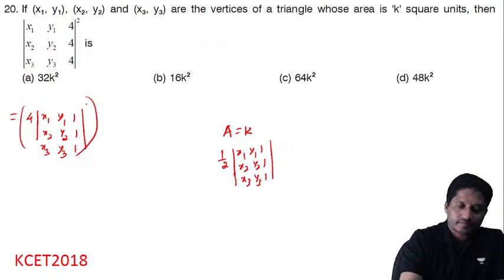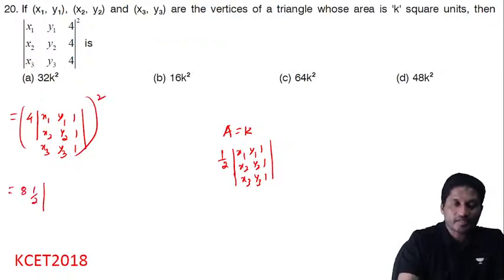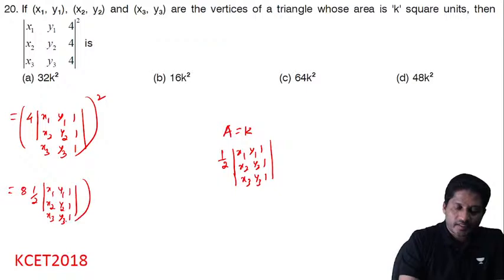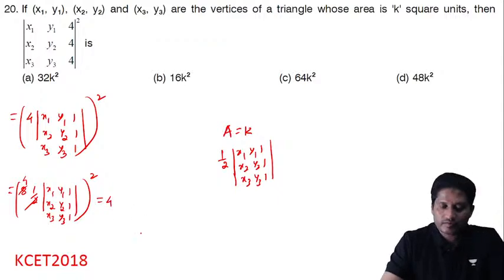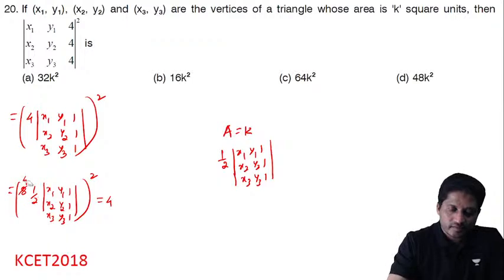The whole square. I can write this as 8 into half of determinant, multiply and divide by 2. Half of determinant of x1 by 1 1, 2 by 2 1, x3 by 3 1, and then this is whole square. This is 4 into, multiply and divide, half of determinant the whole square.